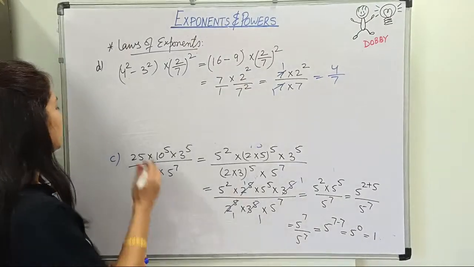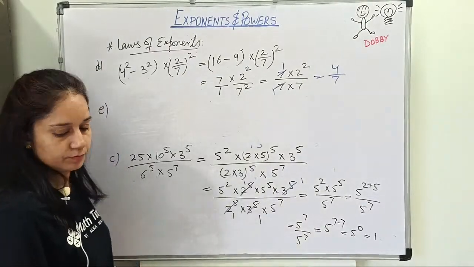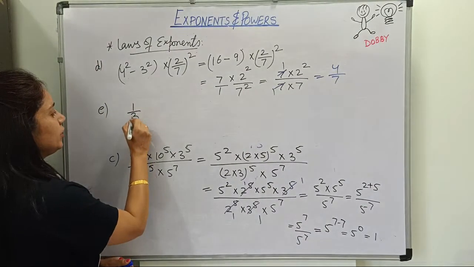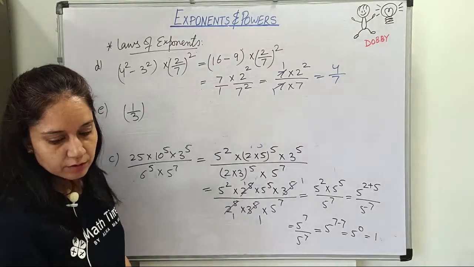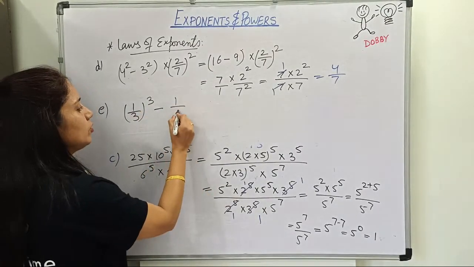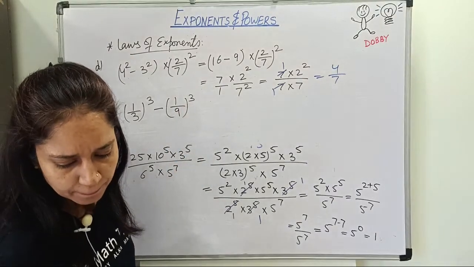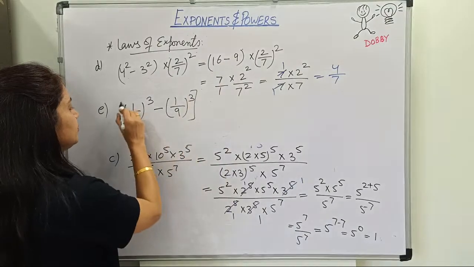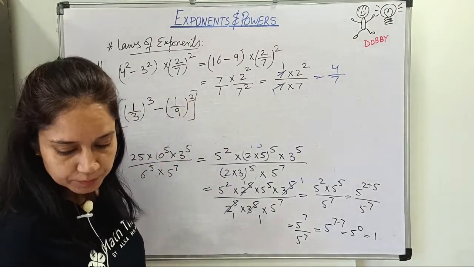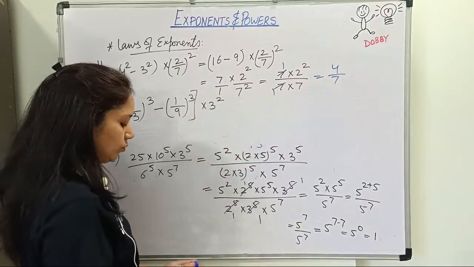Okay. E part. 1 upon 3 raised to the power 3 minus 1 upon 9 raised to the power 3. It is in the square bracket. Multiply by 3 raised to the power 2. This is the question.